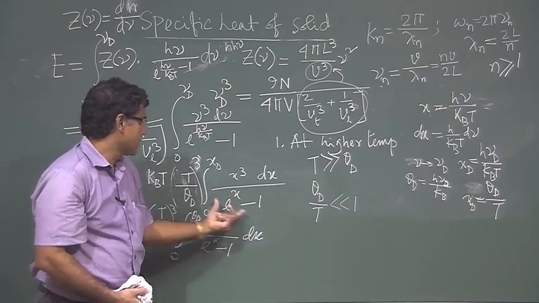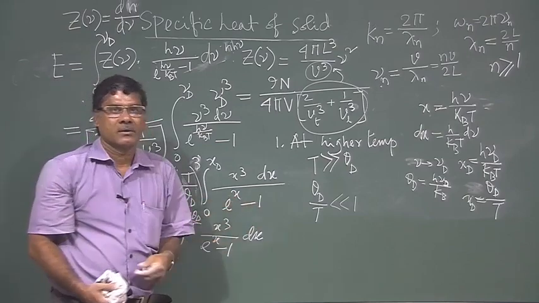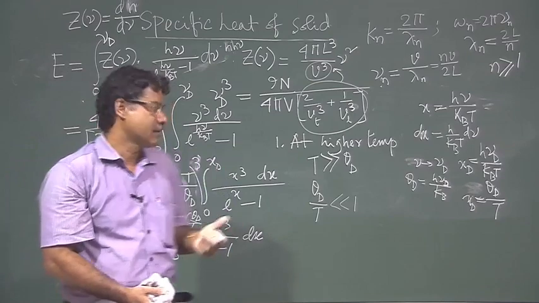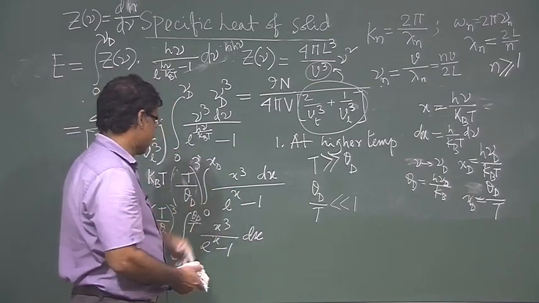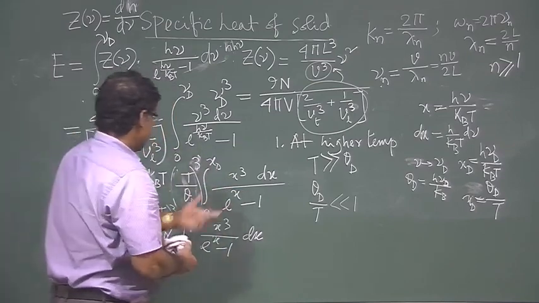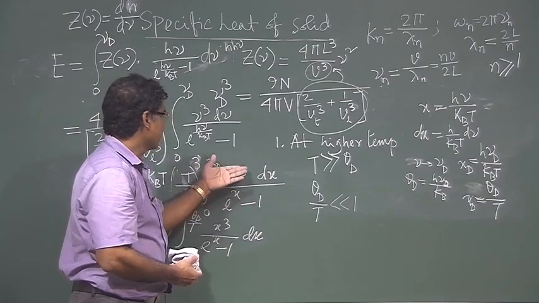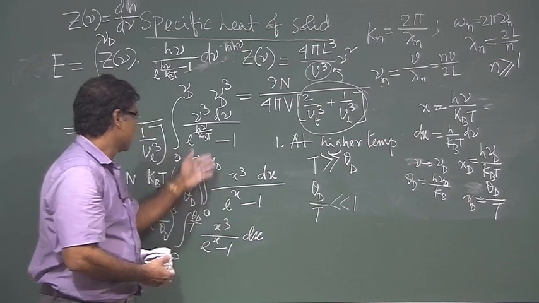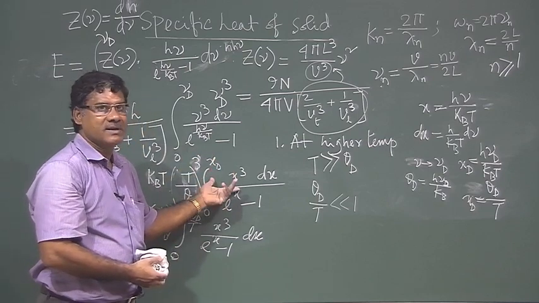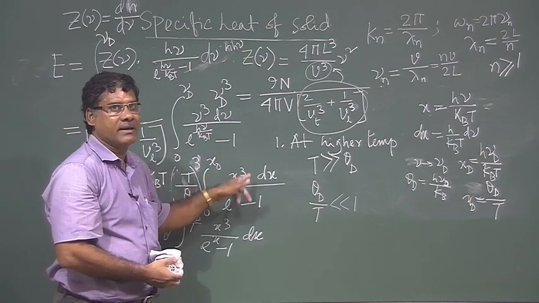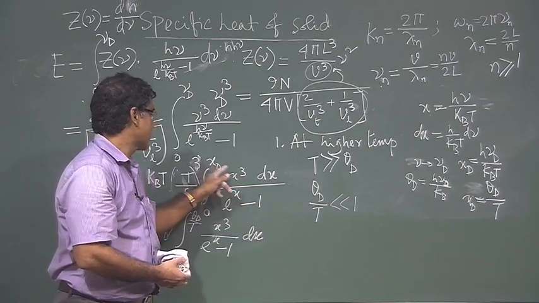So, e to the power x minus 1 is equivalent to x, one can write this as x. So, this is x and this is x cube, right. So, it will be x square dx. So, x square dx means x cube by 3, so x d cube by 3.